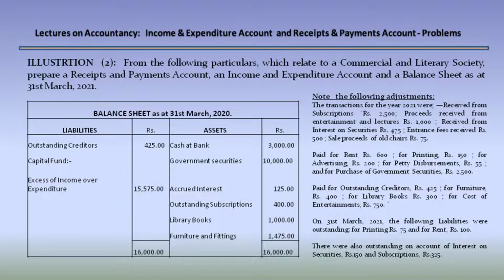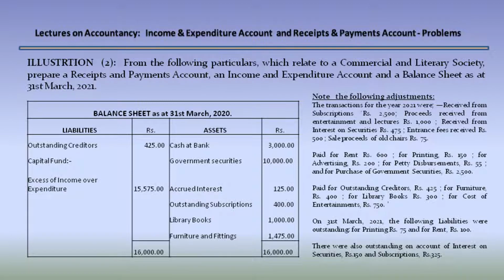Illustration. From the following particulars which are related to a commercial and literary society, prepare a receipts and payments account, an income and expenditure account and balance sheet as at 31st March 2021. Now the opening balance sheet as on 31st March 2020 is given.